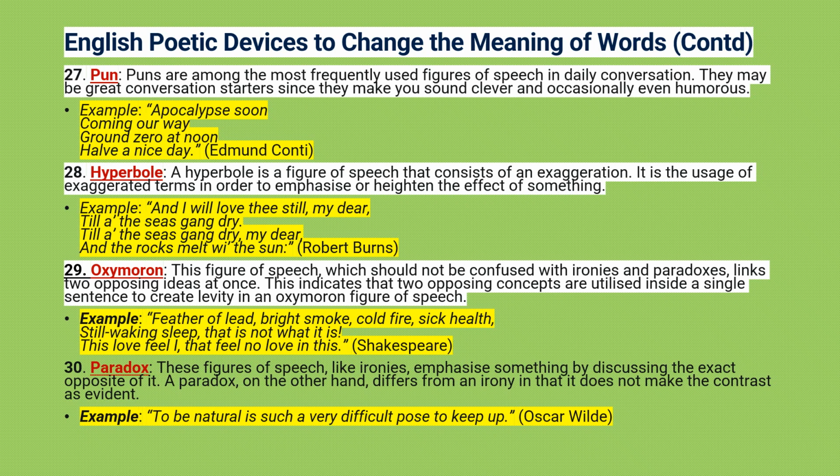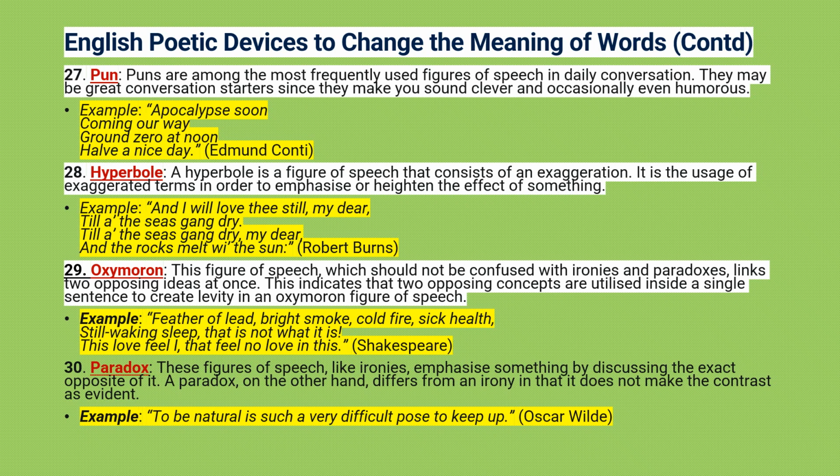Example, feather of lead. You know, lead is a very heavy metal, okay? Now, a feather is very soft and light. Bright smoke. Smoke is usually black or gray in color, so bright smoke. Cold fire. How can a fire be cold? Okay. Quiet rage, like a tiger in the zoo, which is quiet yet raging. Okay. So these are the examples of oxymoron.